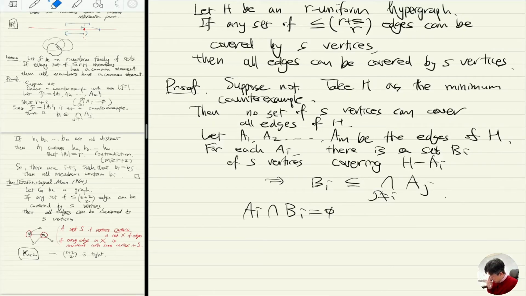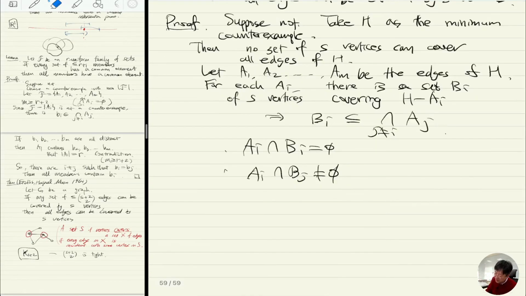If there's a vertex that belongs to both Ai and Bi, then that vertex is incident with all the other edges and also incident with Ai. And Ai intersection Bj is non-empty, because in Bj, each vertex appears in all of the Ai except Aj.